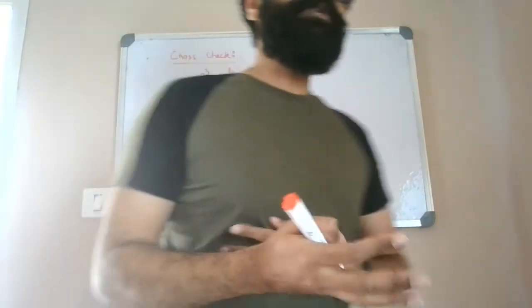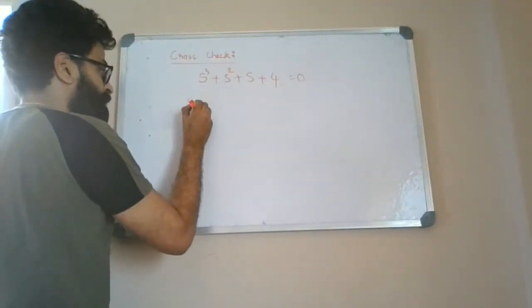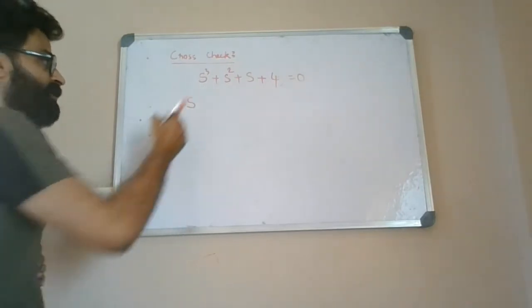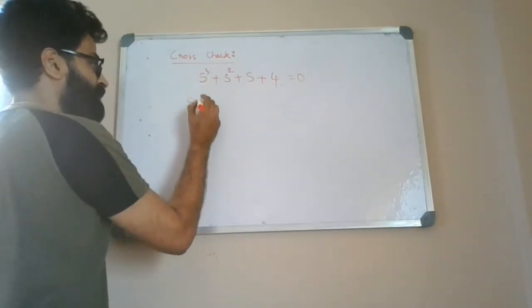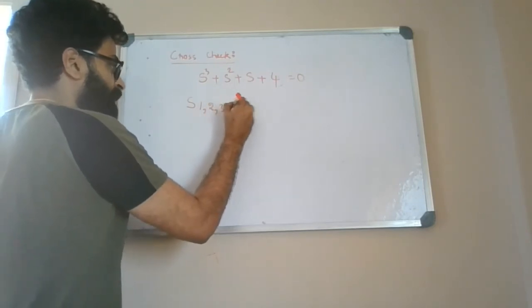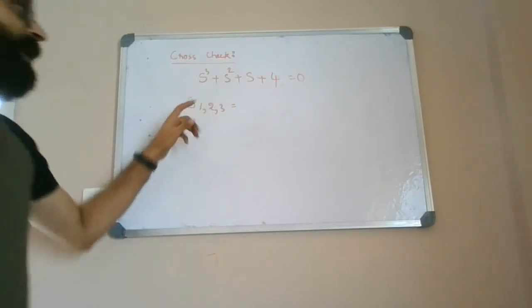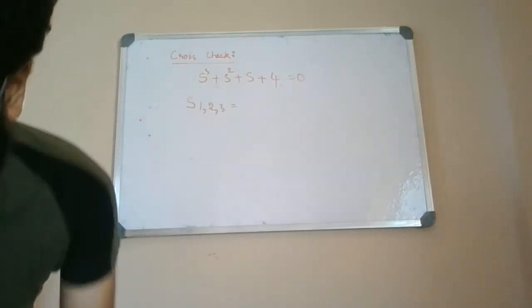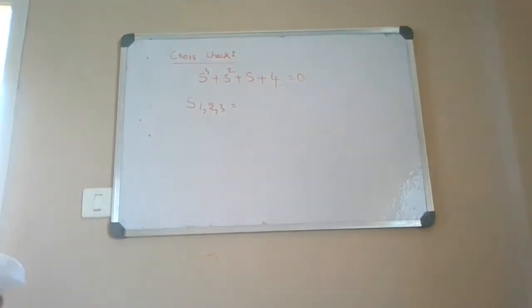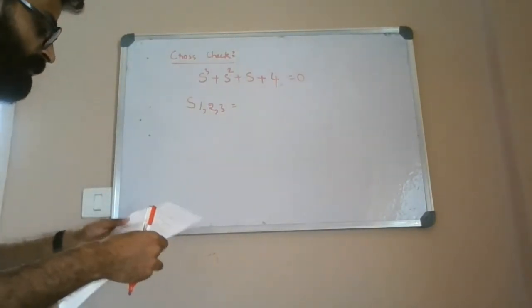So you can use your calculator to find the roots of the characteristic equation. When you find the roots, you are supposed to get 3 roots because it's a third order system, right? S1, 2, 3. Okay. So I want you to put this equation in your calculator and tell me the root value. Okay.